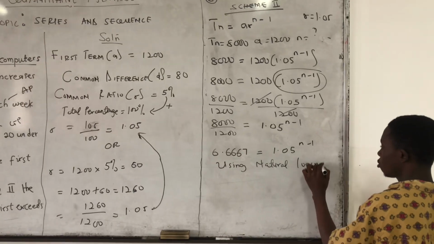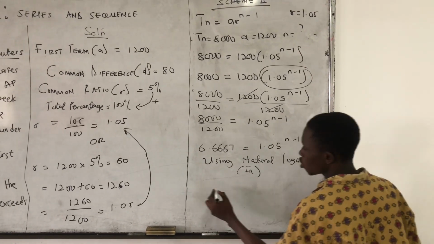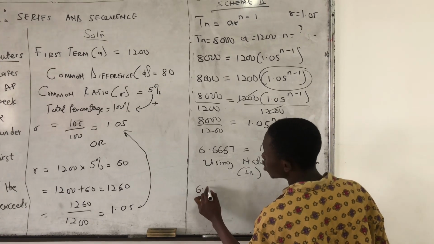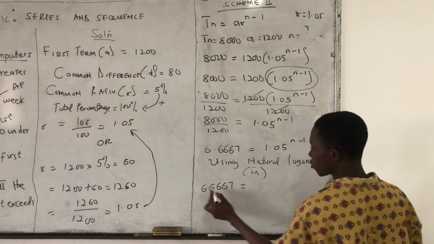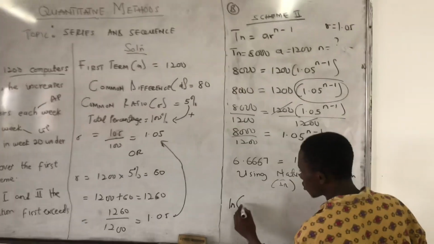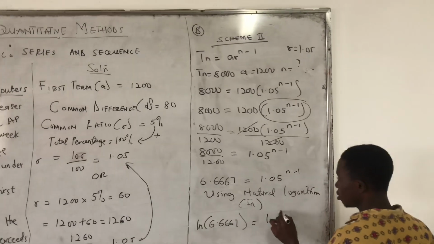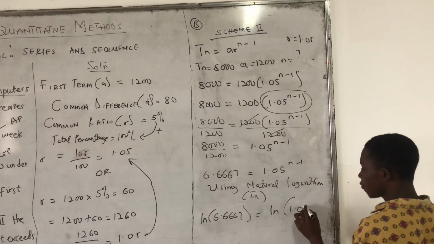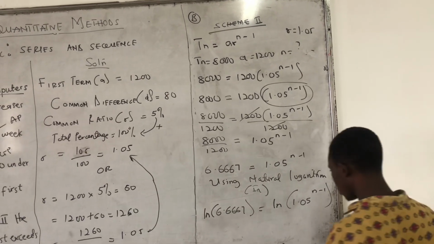Okay. So using natural logarithm, which is the ln, I'm going to get 6.6667 is equal to, sorry, let me bring in the ln. So I have ln of 6.6667 equals ln of 1.05 to the power n minus 1.